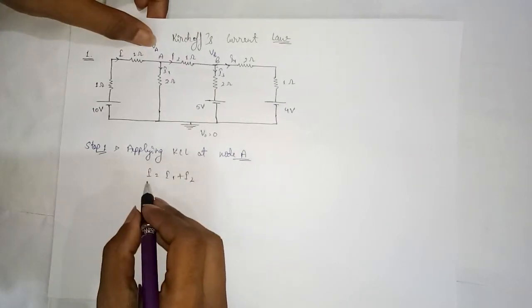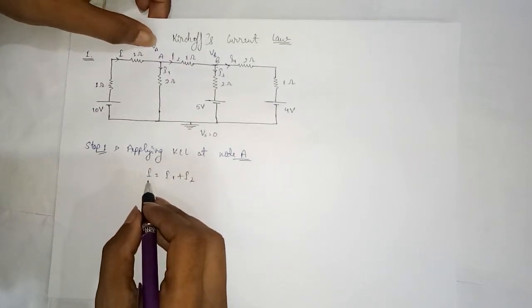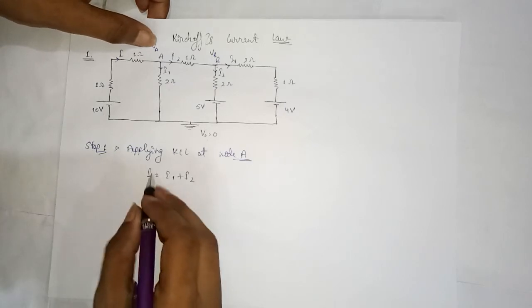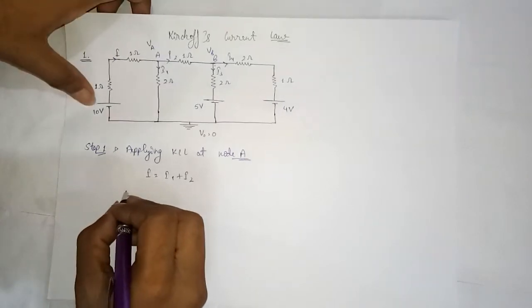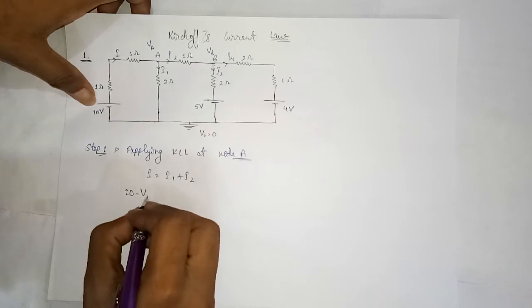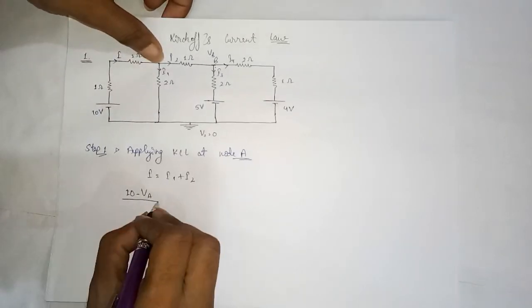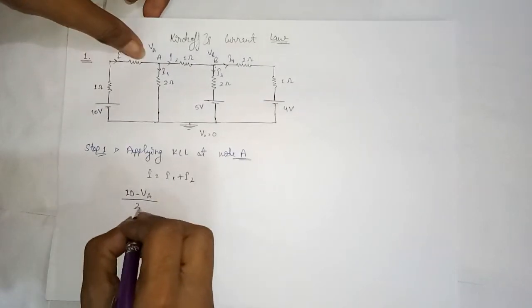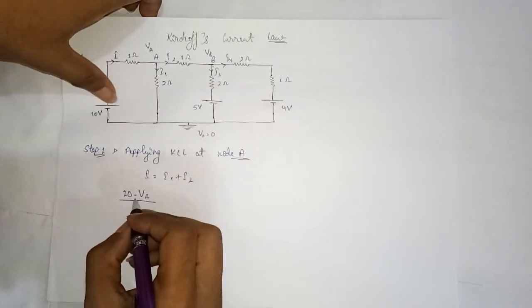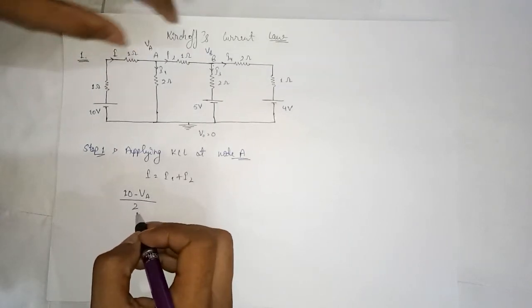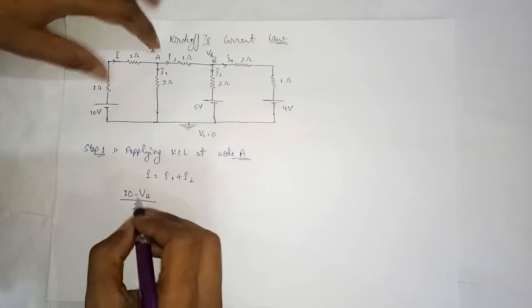Now using the formula I equal to V upon R, let's open this I, so we will get 10 minus VA upon resistance, which is 1 plus 1, 2 ohm. So we got 10 minus VA upon 2, and this is the potential difference which we are writing here.